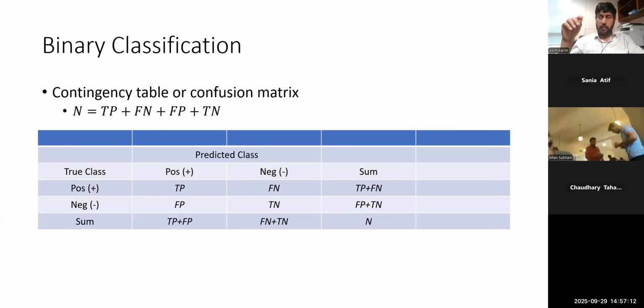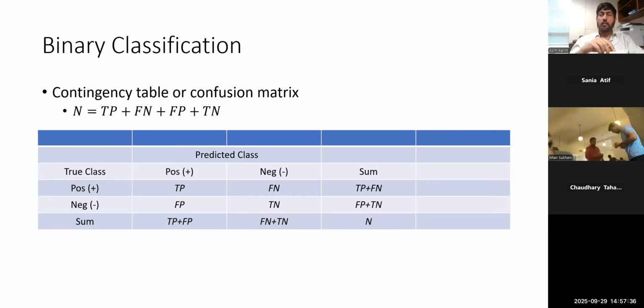So if you have n examples in your test set, then among those n examples you have to see how many it got correct. Positive could be any one of your classes that you feel is important. Let's say spam, you call it class 1, or ham class 1, or positive sentiment class 1.